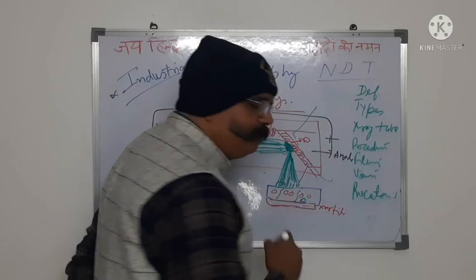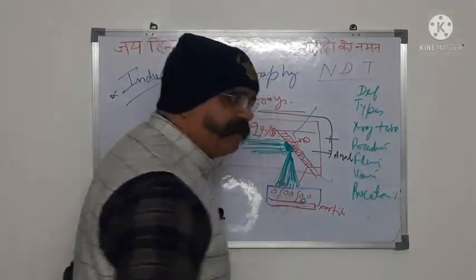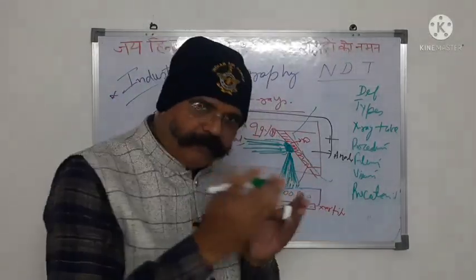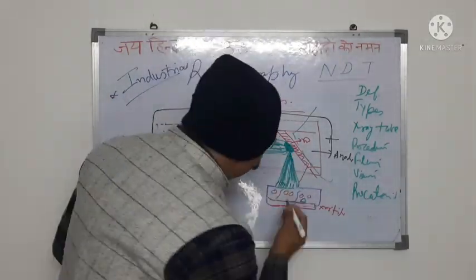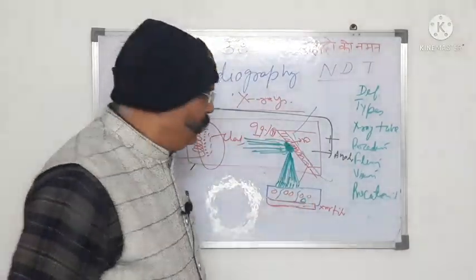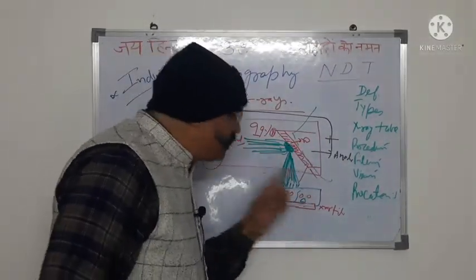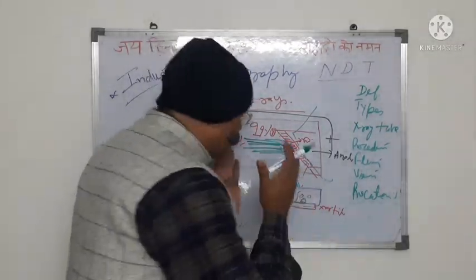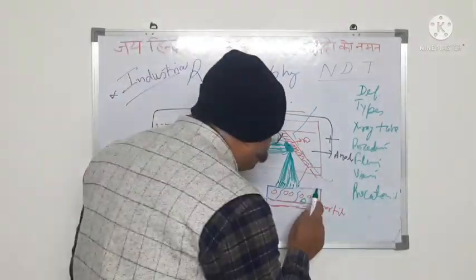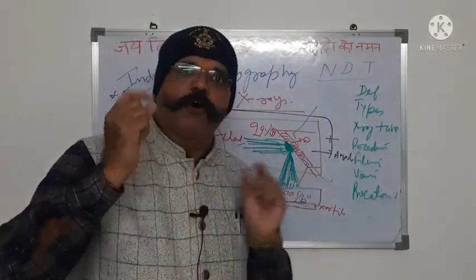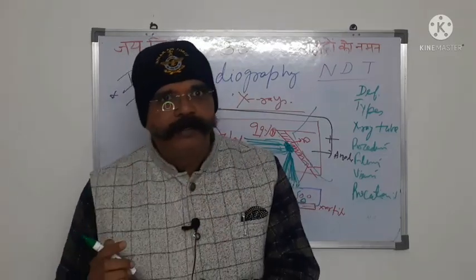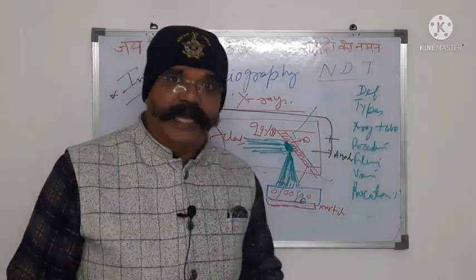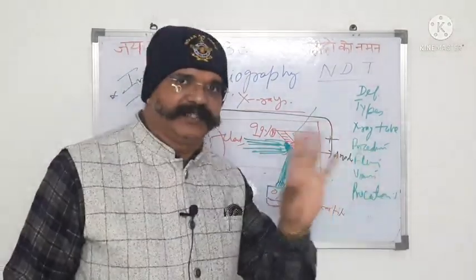Where there is a hole, where there is a crack, a greater amount of X-ray will pass through that metal, and where there is a solid piece, a lesser amount of X-rays will pass, because some amount of X-rays will be absorbed by this metal or by this object. But not all. It can absorb the maximum also if your energy of X-ray is less. But I will discuss how these things are controlled.